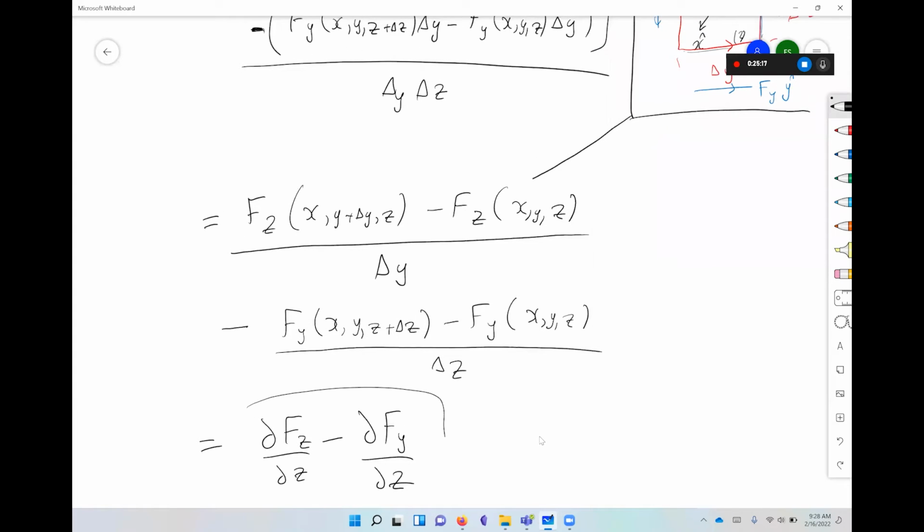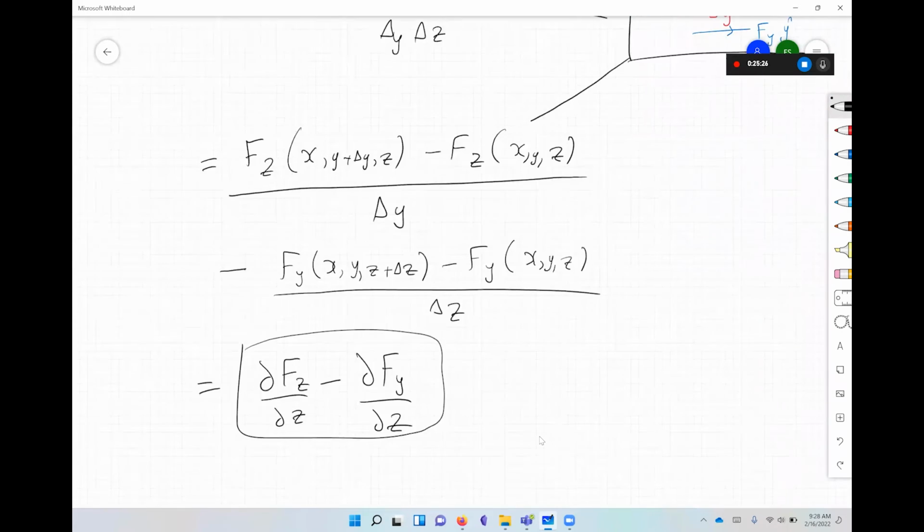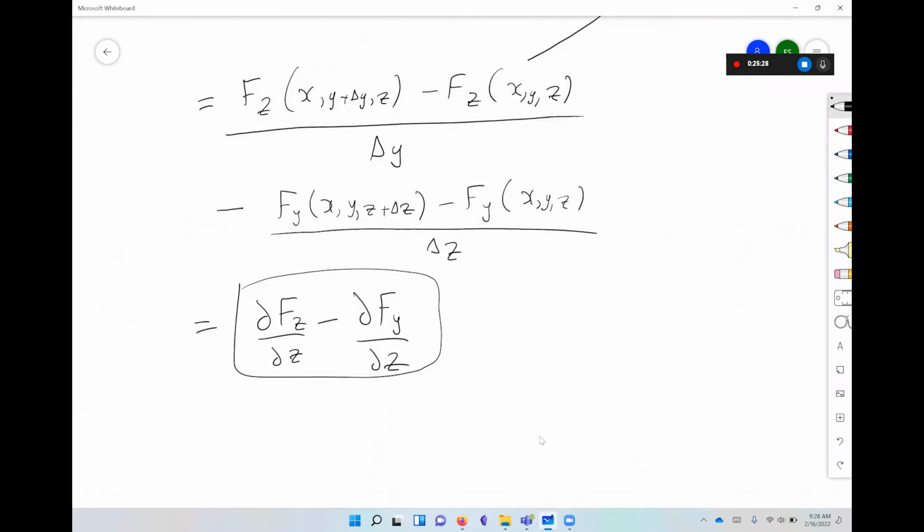So you end up with this curious thing, right? And you can repeat this, by the way. So this is curl f dot x. You can repeat this for the other two basis vectors, y and z, and you'll get similar looking expressions.